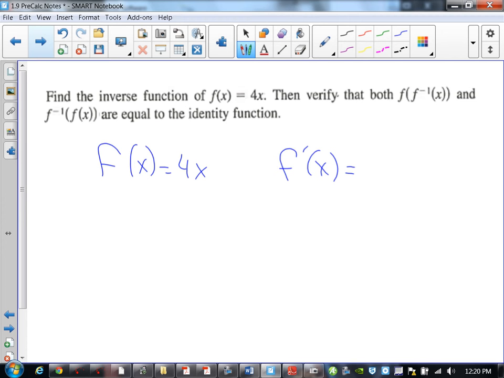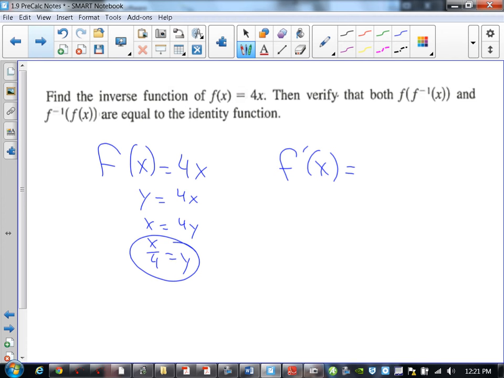So the inverse of 4x, if you think about it, remember you're switching x and y, is 1/4 x, or you can write it as x over 4. Does that make sense? It's nothing new. But what they're asking you to do is find its inverse and then verify it algebraically that they are in fact inverses of each other.